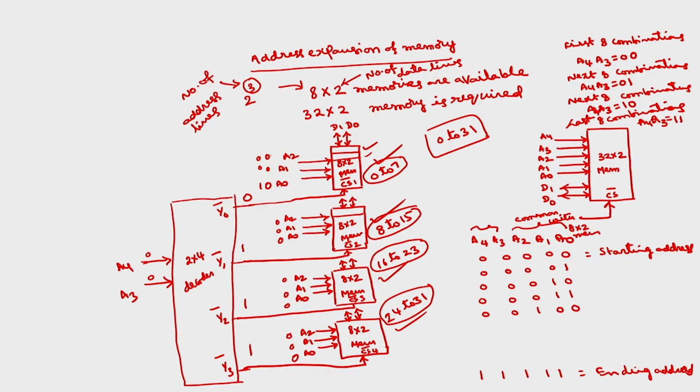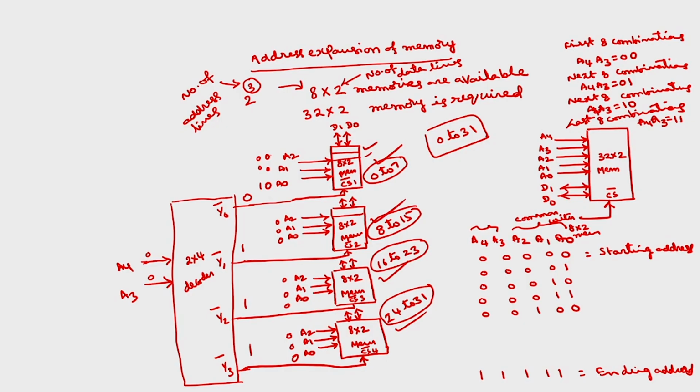Then chip select will be selected through the additional address lines of this 32 by 2, which are A3 and A4. If you have 0 0, you can select the upper one, then 0 1 the second one, 1 0 the third one, 1 1 the last one. So, like that you can expand the address.